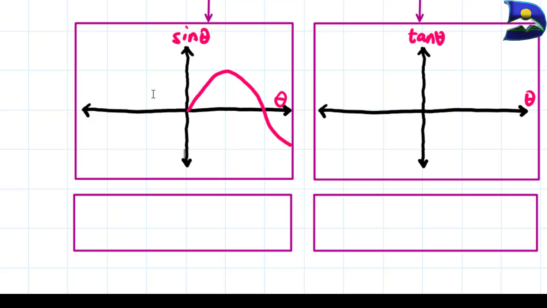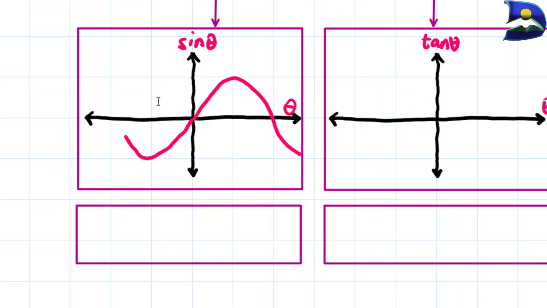We can do the same thing on the other side: this goes down to -1 at -90 as the minimum, then back to 0 at -180, and then at -270 it is represented as the +1 value.